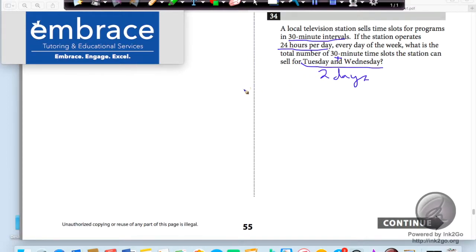Well, you know that each time slot is equal to 30 minutes. And you should also be aware that 1 hour equals 2 times your 30-minute time slots. Right? That's how they're referring to it.